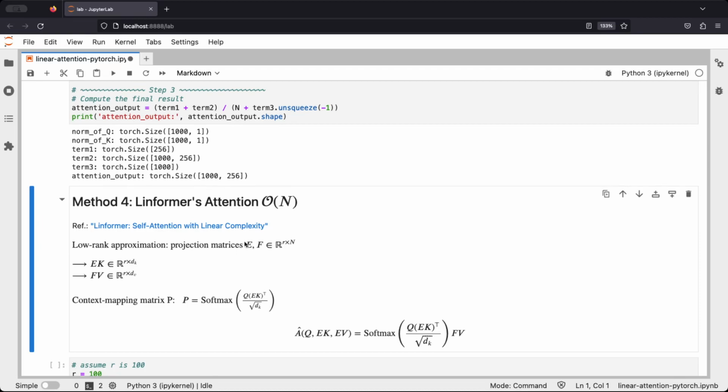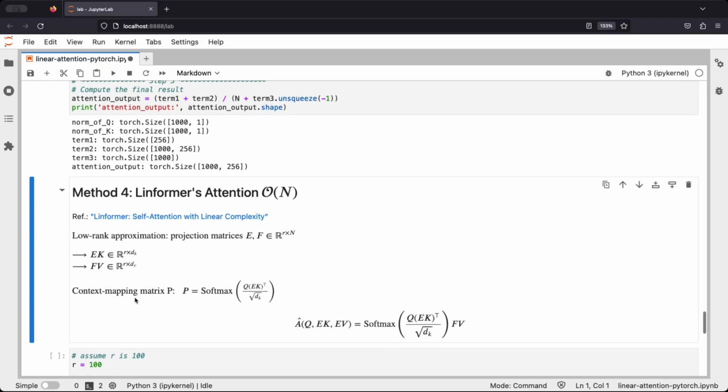Once we build E and F, we compute these projection matrices EK and FV, which have dimensionality R by DK and R by DV. After that, we build this context mapping matrix P, as shown here. This is similar to the original scaled dot product attention, except that instead of K, they are using EK. And finally, the final output is P times FV.